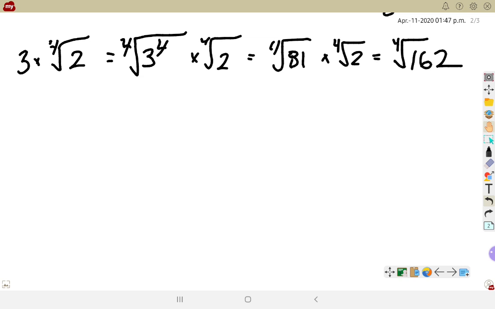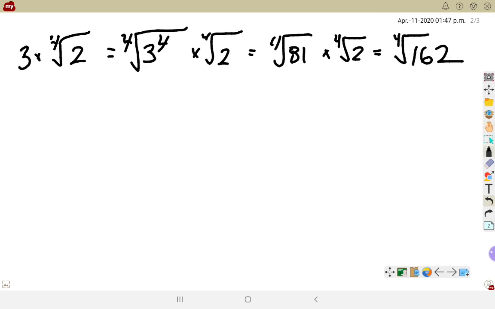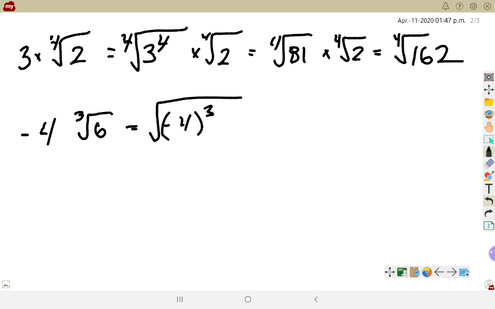Okay, like we just said on our last page here, if I had something that is negative, so if I've got negative 4 and then the cubed root of 6, I am allowed to bring this negative underneath the radical sign because the index here is a 3. Okay, so the negative is allowed to move underneath the radical sign because I have an odd index.